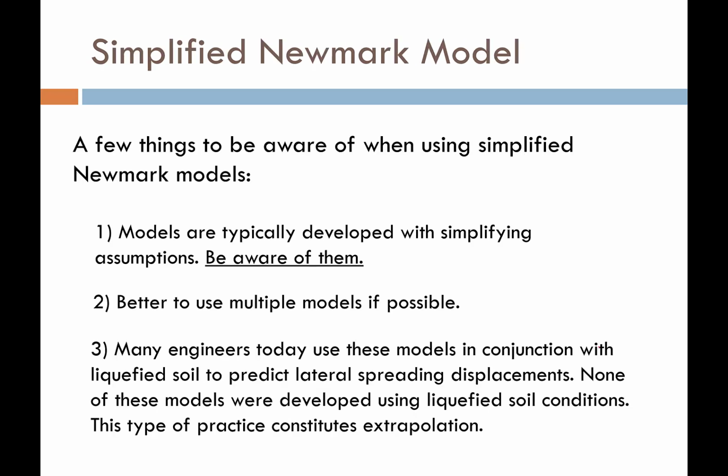Okay, so now you have two models that you can use to simply estimate seismic slope displacements. To use those models, all you need is a yield coefficient and estimates of your ground motion parameters and design earthquake magnitude. There's a few things, though, you need to be aware of when you use these simplified Newmark models.